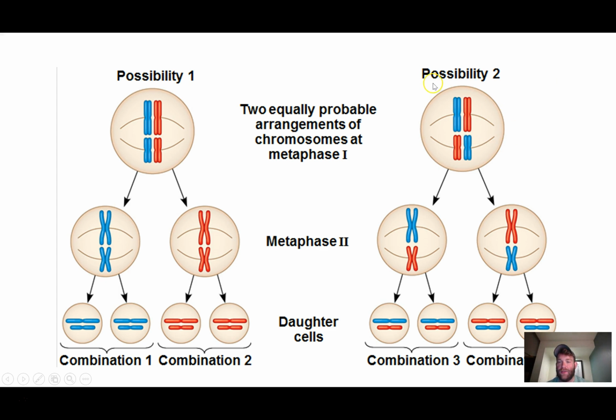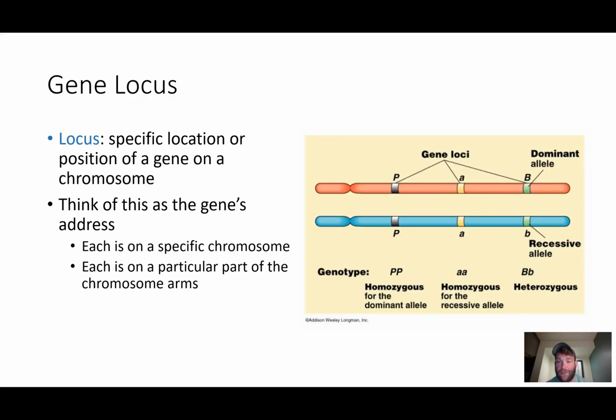Just because these two chromosomes have lined up opposite of each other versus where they're in parallel with each other, we can get offspring that have now a combination of different alleles. So even here, just because of the probability from these lining up in a particular way, the outcome here is essentially you could have 8 different possible ways that your offspring could get different allele combinations.